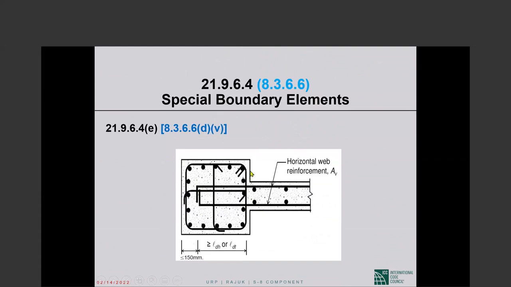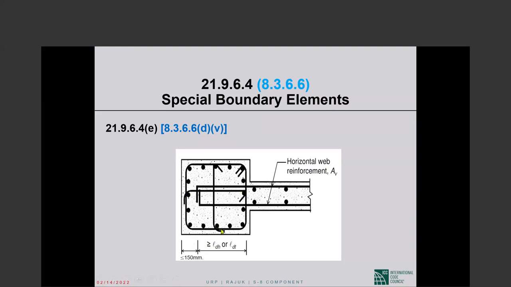From the face of the boundary element to the end of the hook, or if you want to be conservative, you take it from here to the end of the hook, has to be L sub dh for hooked bars, hooked bar development length, or L sub dt for headed longitudinal bars.